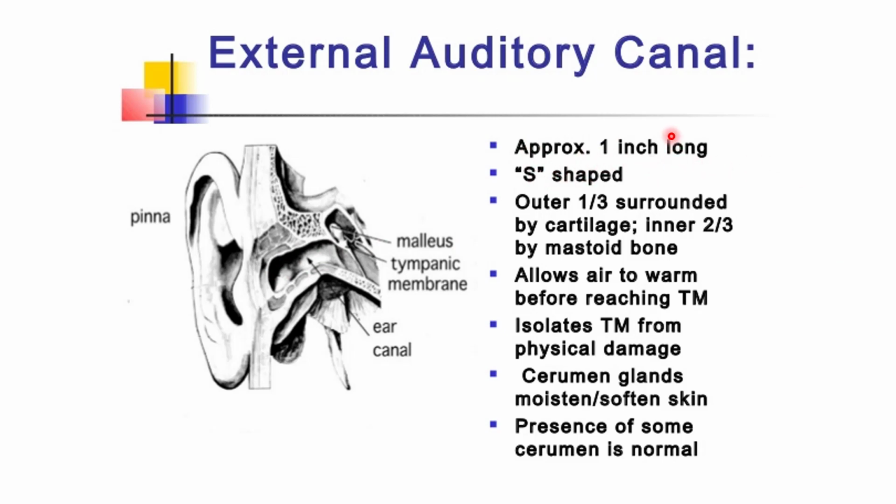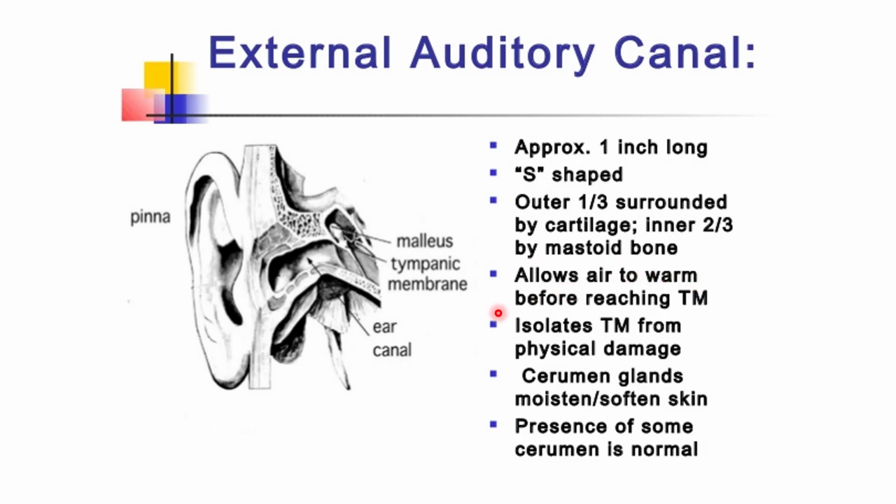The external canal is not just a straight tube, it is S-shaped, but in newborn babies and infants it is like a straight tube, and it's small also. The outer 1/3 part towards the pinna is cartilaginous, and the inner 2/3 part is formed by bone, that is the mastoid bone.